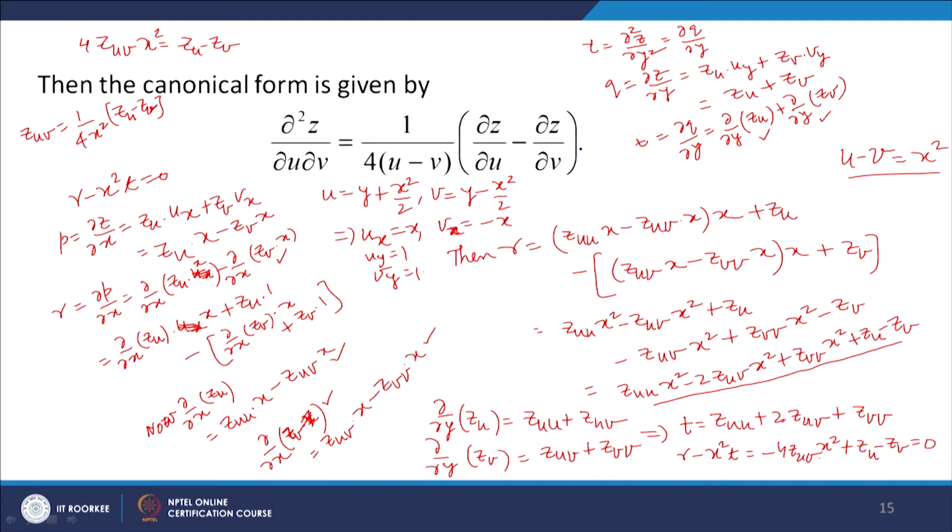X square, as I have already said, is u minus v. So, we get 1 over 4 times u minus v into zu minus zv. So, this is how we get zuv equal to 1 by 4 into u minus v times zu minus zv. This is the required canonical form.